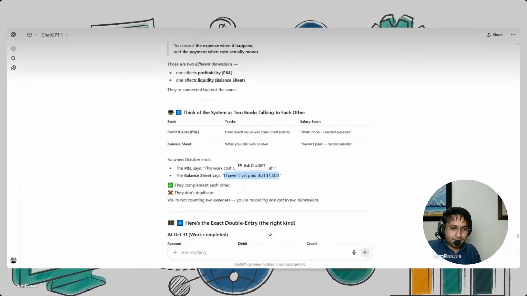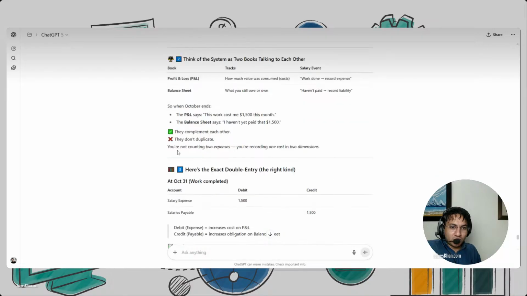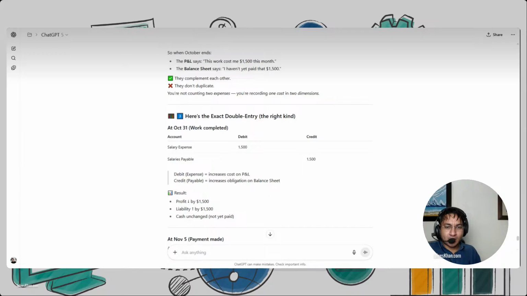They complement each other. They don't duplicate. You are not counting two expenses, you are recording one cost in two dimensions. These are two different statements, so there aren't two recordings on the same sheet.